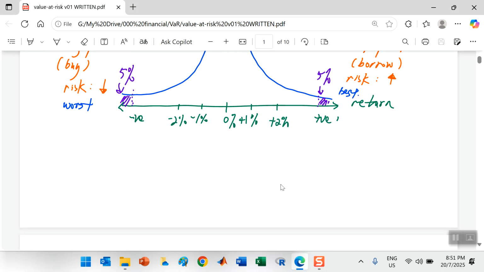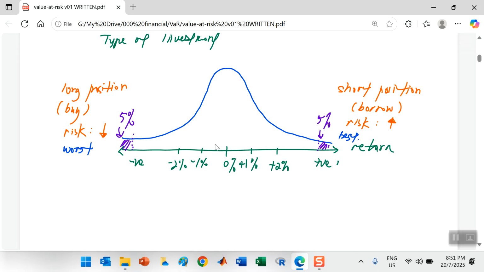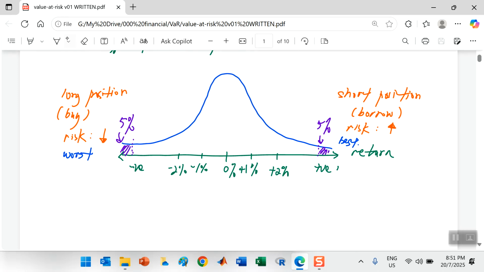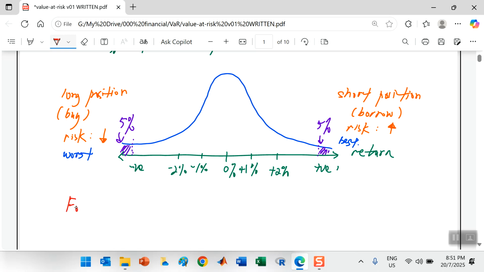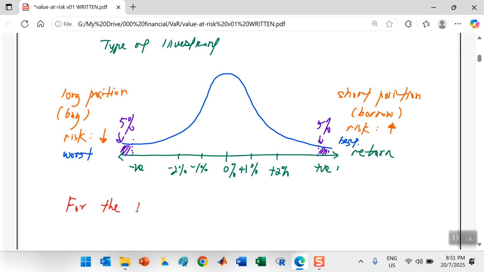Let's say for the past 100 days, I'm going to have the price or the returns series. So this is my returns record.